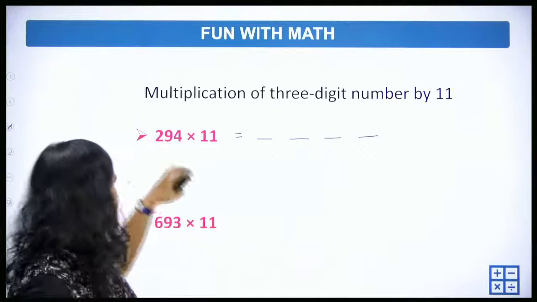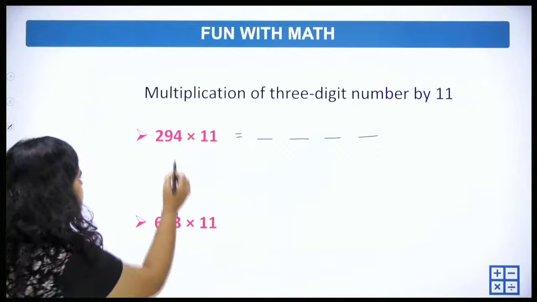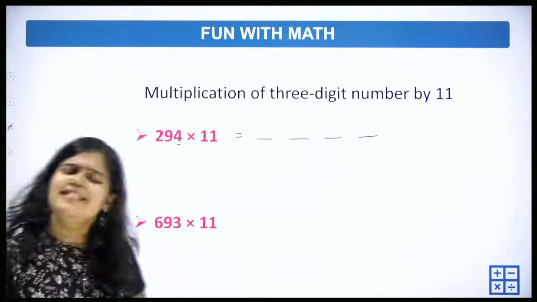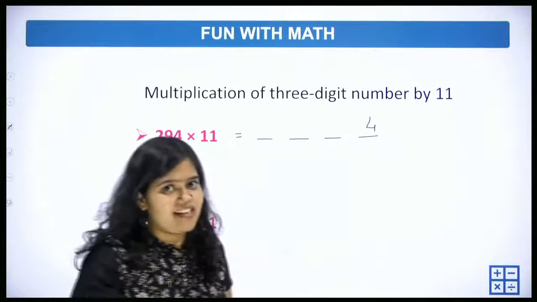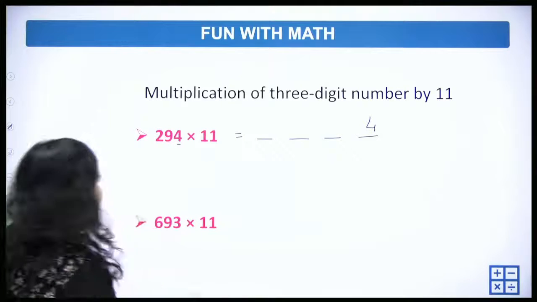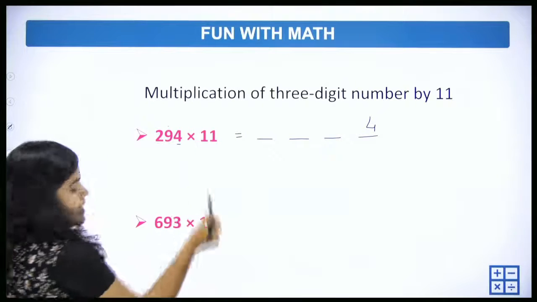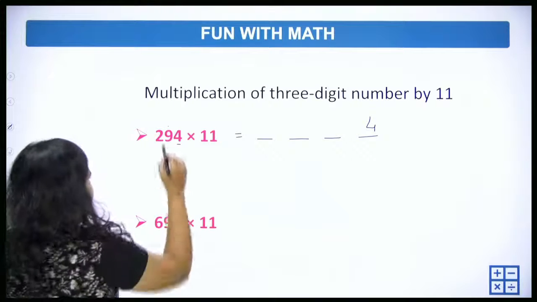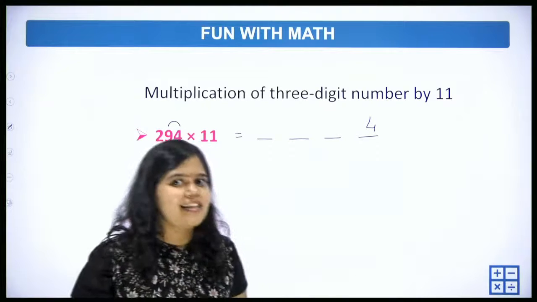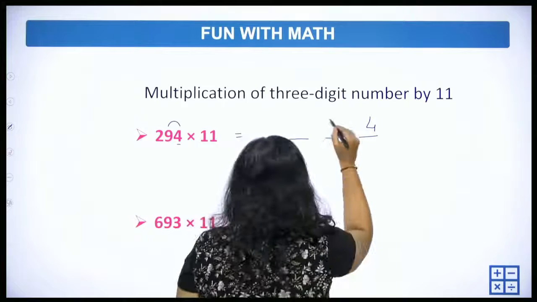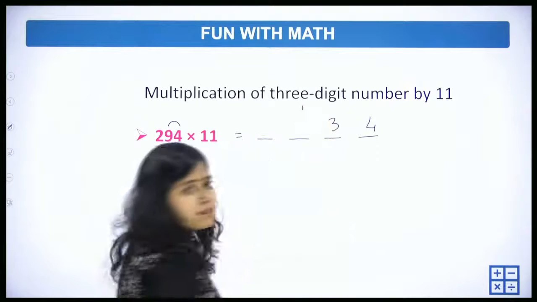We'll see now. Always the ones place will be the ones place of the number. This is fixed for 11. So this is going to be 4. No change in this. Now in the tens place, the same pattern is followed. 9 plus 4. And what is 9 plus 4? 13. So 3 here, 1 carried.